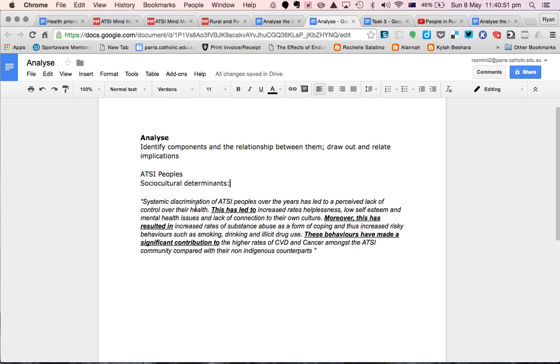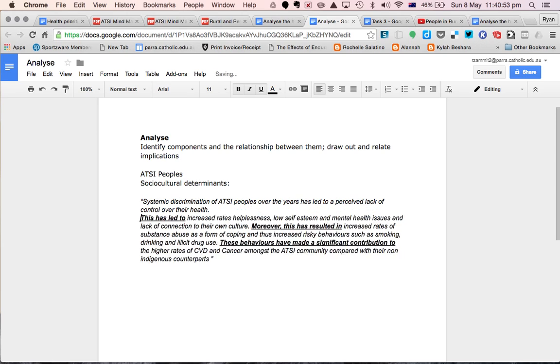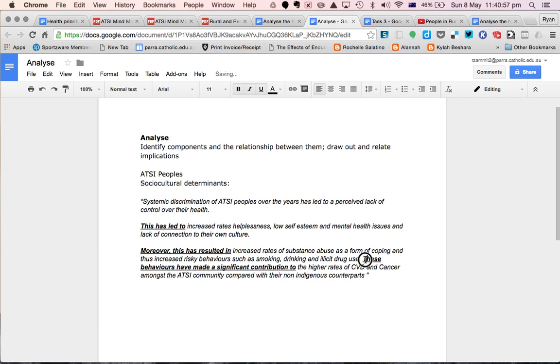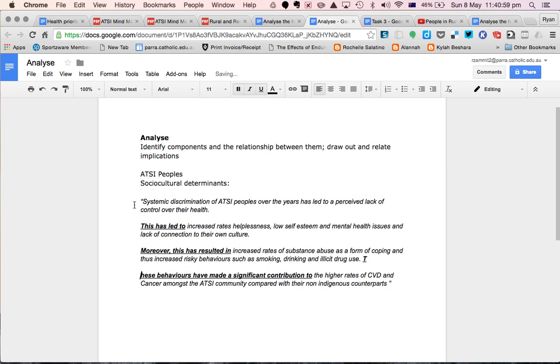So let's just break this paragraph up a little bit and take a look at what's going on. You can see that I'm just breaking it up into sections. This first sentence here really is the identify components part and make relationships. So the component here is the discrimination.